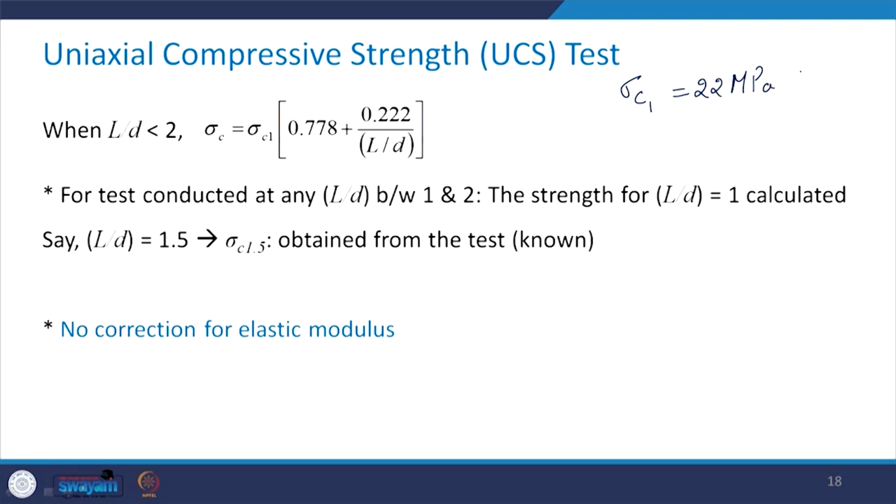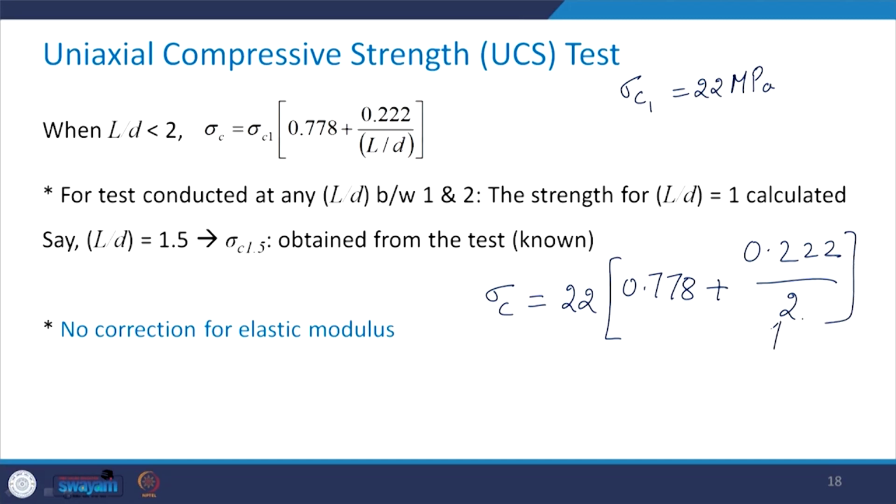Now since this is known, I can find sigma C as 22 multiplied by 0.778 plus 0.222 divided by 2. So this is L by D equal to 2. Whatever value of sigma C you get is going to give me the UCS of the rock.